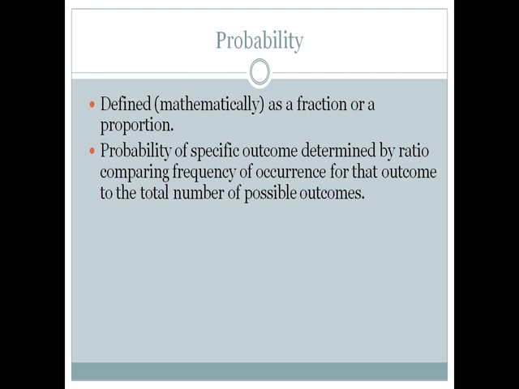What is the probability of obtaining a result of heads? If you flip a coin, there is one side of the coin that is heads, divided by 2 possible sides to the coin. 1 divided by 2 is 0.5 or 50%. There's a 50% likelihood of obtaining heads if you flip one coin.